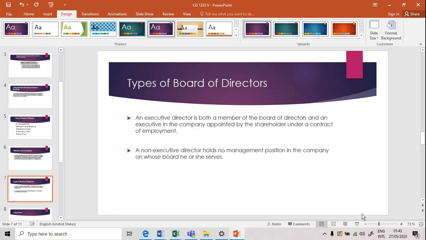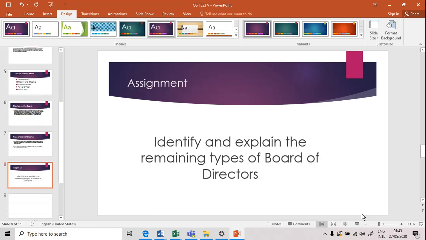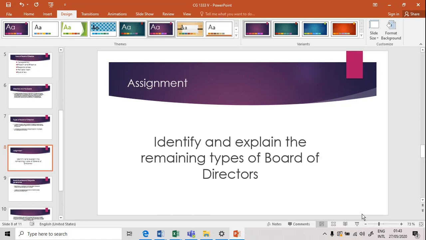So board structure: executive and non-executive directors are two types of board of directors. Can you identify the remaining or different types of board of directors? I want you to go through your notes and go through your cortex to identify different types of directors.